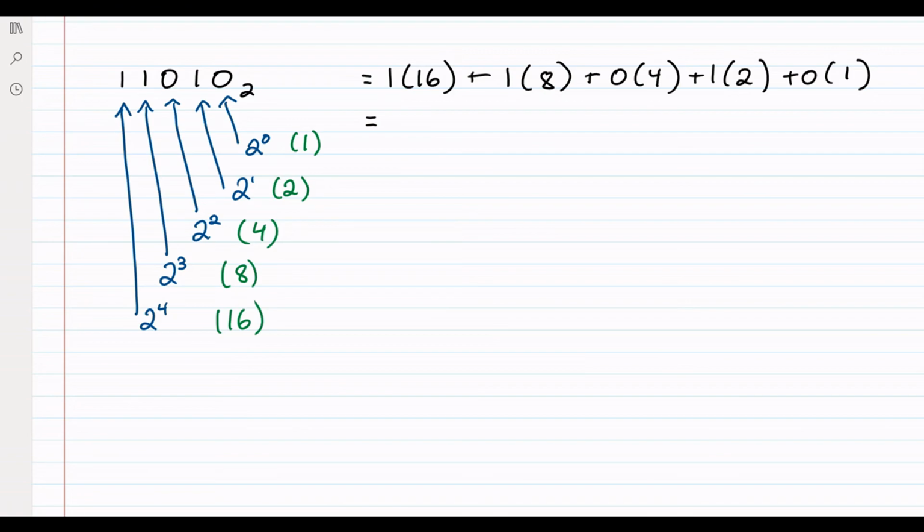If you add all of that up, you get 16 plus 8 plus 0 plus 2 plus 0, that is 26, base 10. So if you wanted to convert from binary to decimal, you just have to know what column it is, and you can add everything up together.